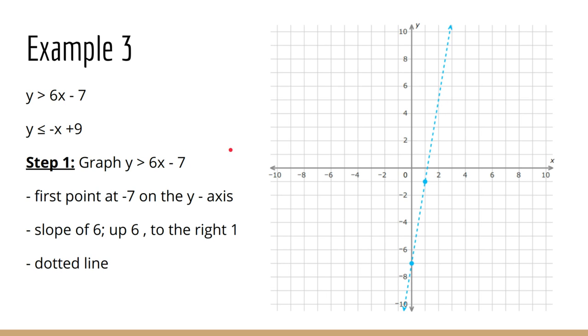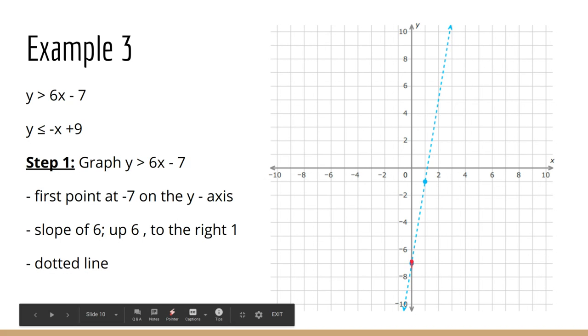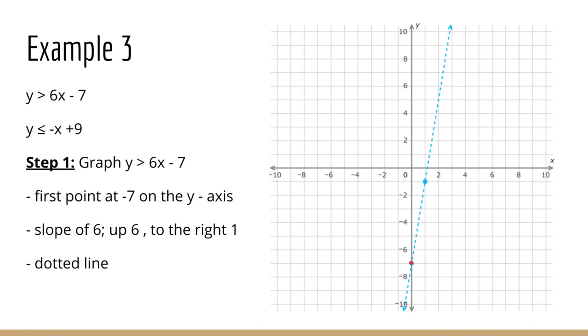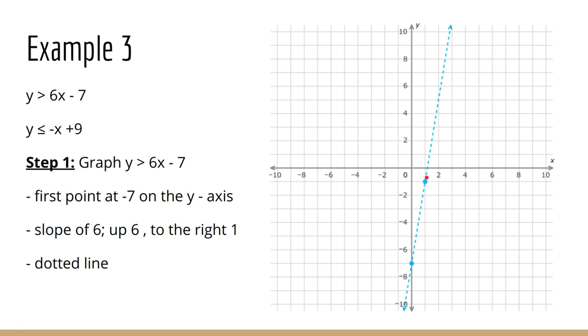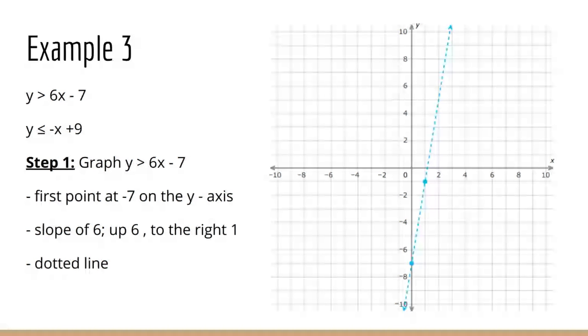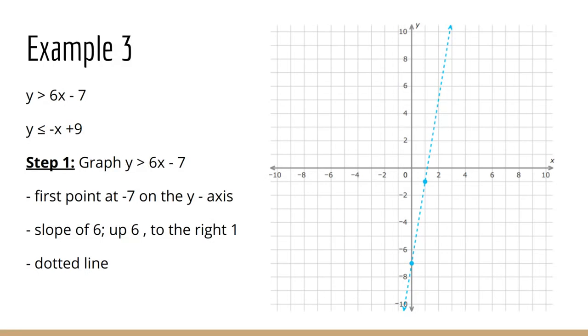So we're going to go ahead and put our first point at negative 7 on my y-axis, because that's my y-intercept. Having a slope of 6 causes us to go up 6 to the right 1. We're going to have a dotted line because of that greater than symbol. So now take a second to determine whether we're going to shade above the blue dotted line or below the blue dotted line. Submit your answer.